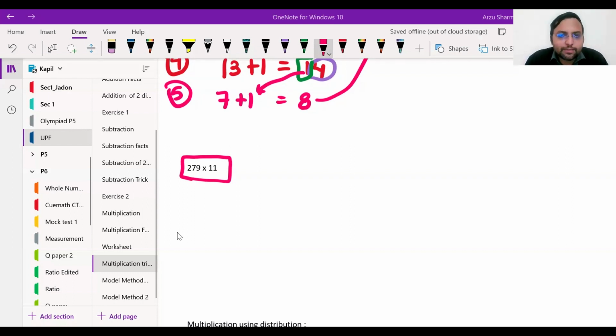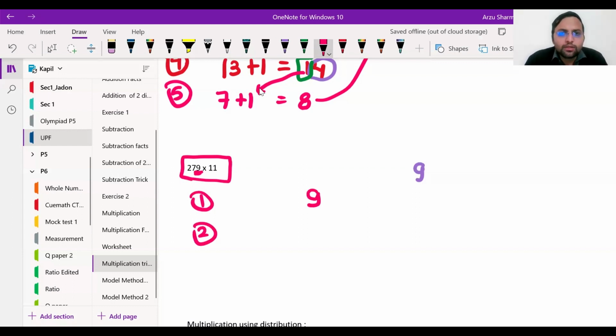Sharanya, the first step is to just take the ones digit of the number. That's simply 9. I'm writing the final answer here. The ones digit of the given number will be the ones digit of the product. Vihan and Sujal, I think you have solved it.